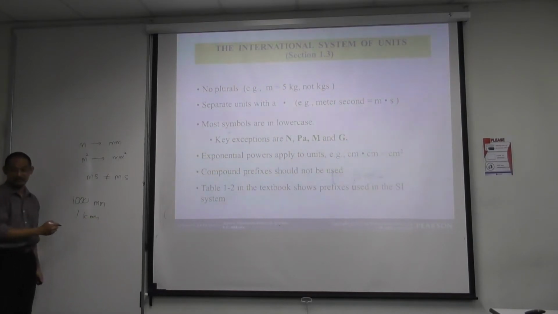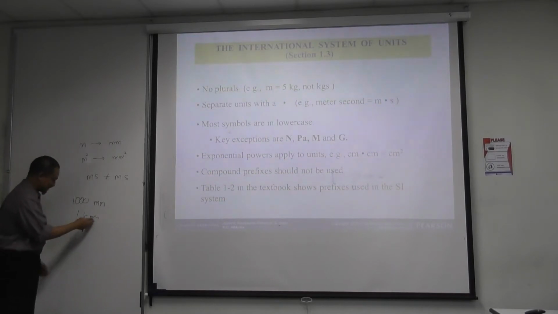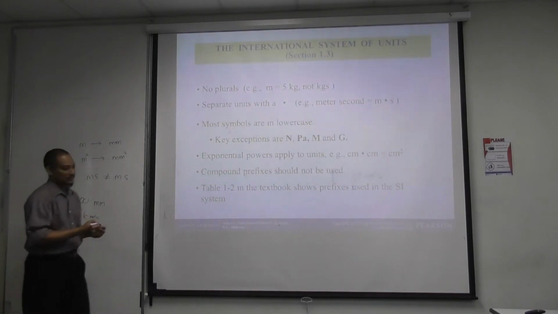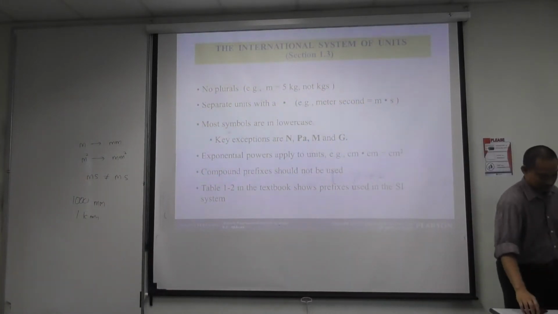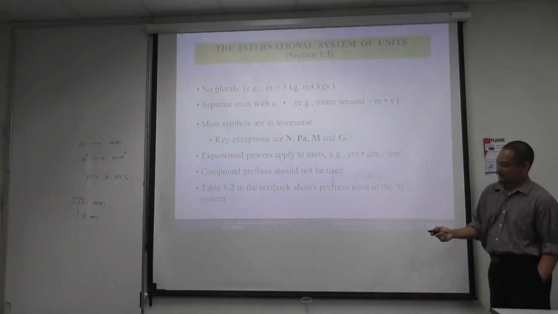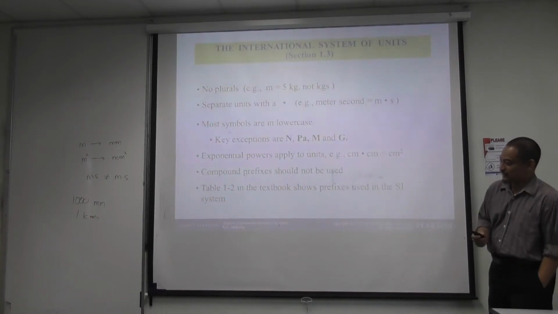It doesn't make sense. You understand? Because 1,000 is 1 kilo, right? You cannot say this. It doesn't make sense. What is this? Right? So make sure you understand that, because if you write something like this, it shows that you better not become an engineer.